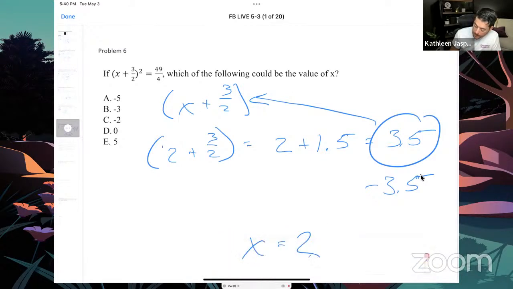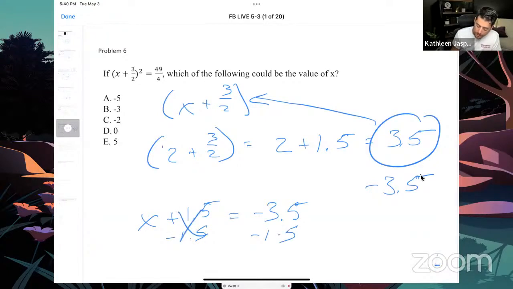So in order to figure that out, we need to set it equal to our x. I'm just taking that again, x plus 1.5 equals negative 3.5. Okay. So then subtract 1.5 minus 1.5, x is equal to negative 5. Negative 5 is the answer to this problem, because when I put negative 5 in for that x, I get this negative 3.5.